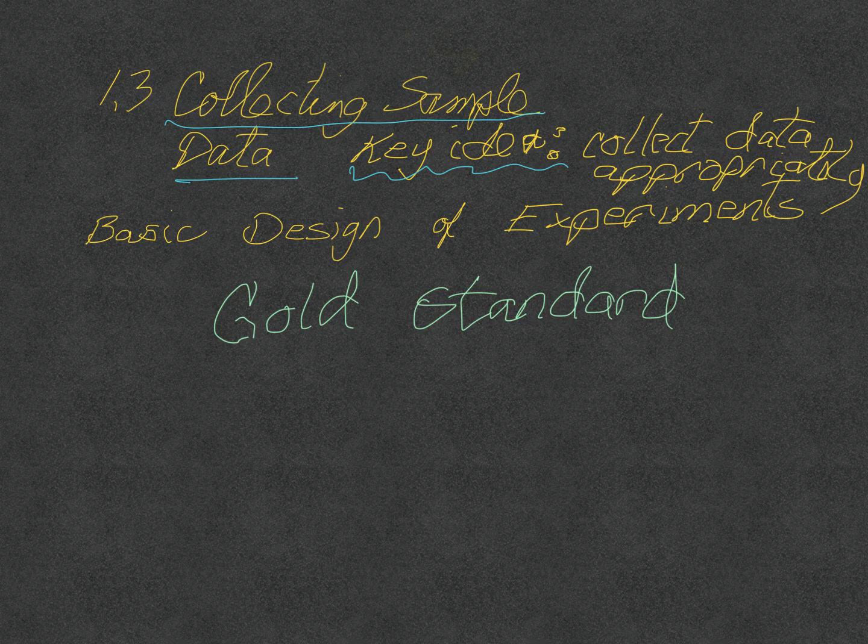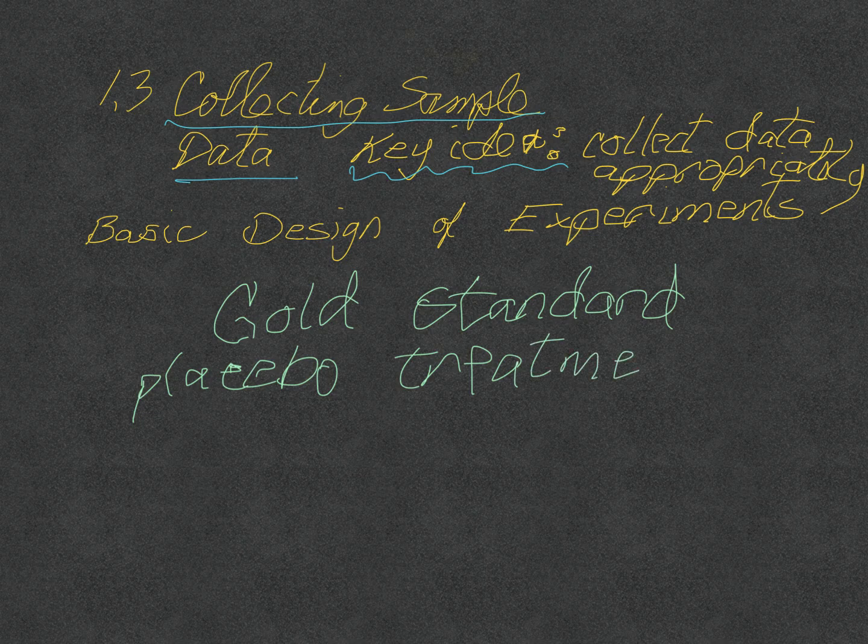But then what also happens is you create what is called a placebo treatment group. Placebo treatment group. Okay? And what's that mean? You get your random subjects, you split them into two pieces, and one piece gets the placebo. A placebo is a fake treatment.